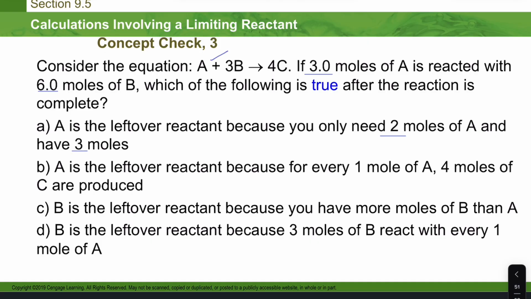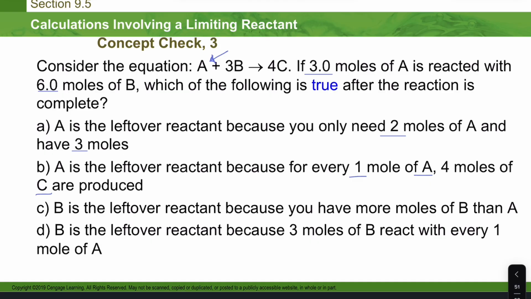Well, I don't know if that's true. I see a 1 in front of that, so I don't know if that is correct. A is the leftover reactant because for every 1 mole of A, 4 moles of C are produced. That is not necessarily true. We don't know that per se.